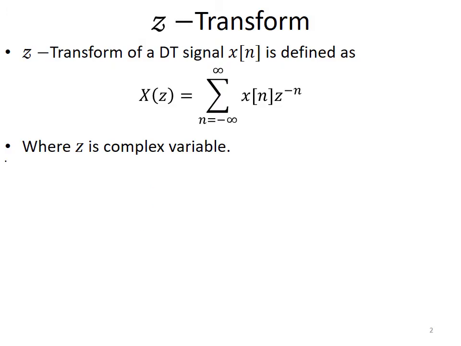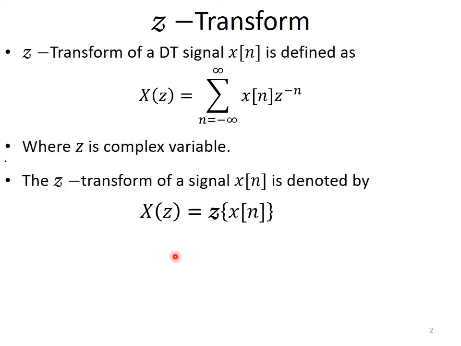So the Z transform of any discrete time signal, for example x of n, is defined as summation from minus infinity to infinity x of n into z power minus n, where z is a complex variable. When we take the Z transform of any discrete time signal, we are actually transforming our signal from time domain to the Z domain, which is a complex domain.